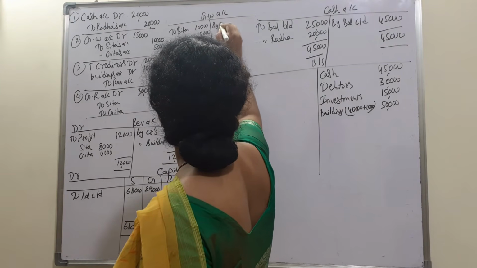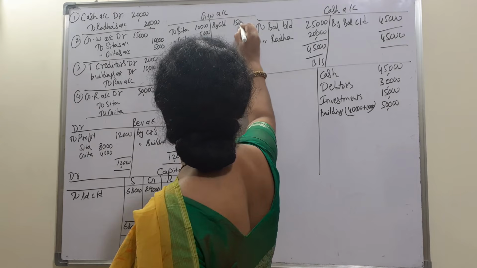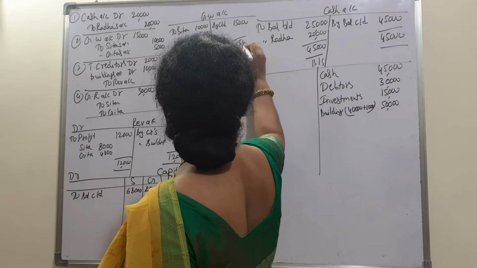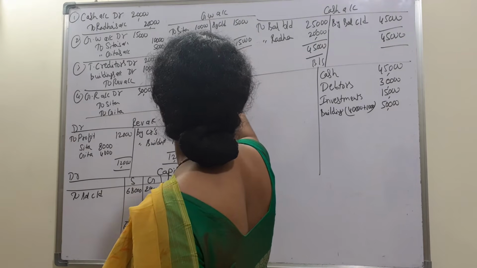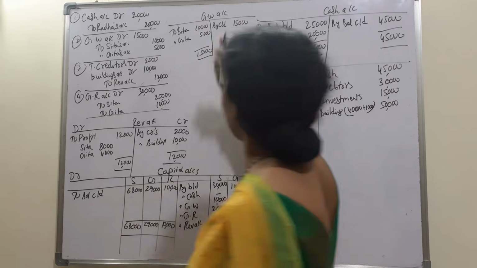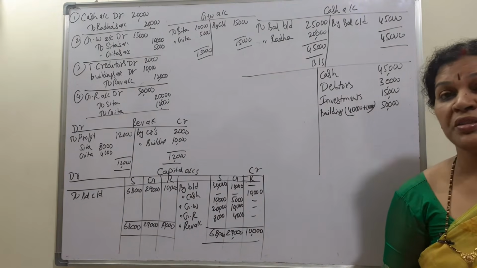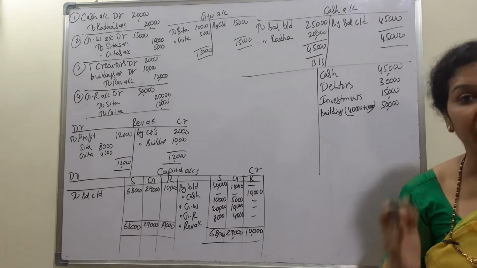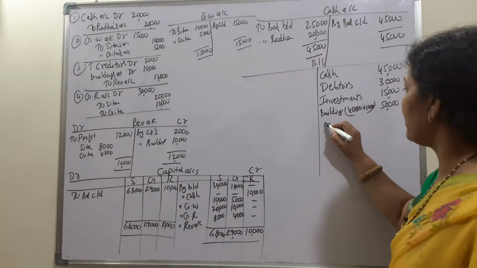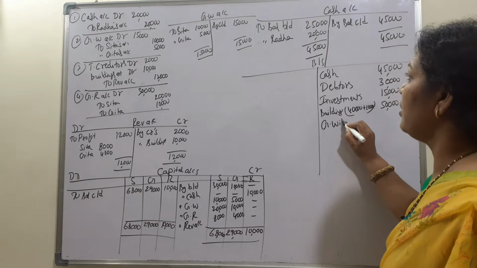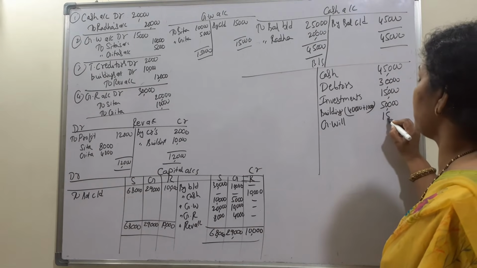So this is by balance carried down. Carried down means it is in the business only, so we have to show it as an asset. So here comes goodwill 15,000.